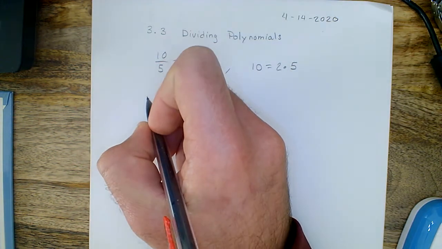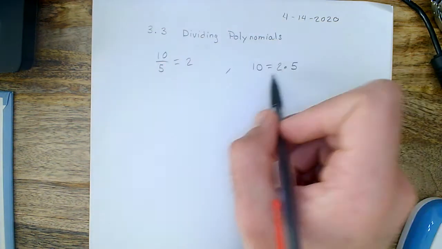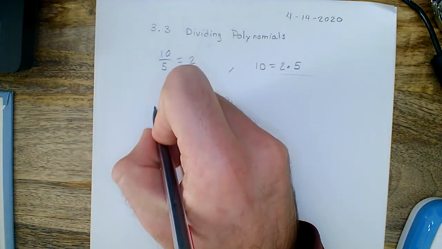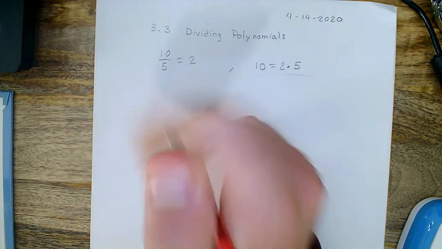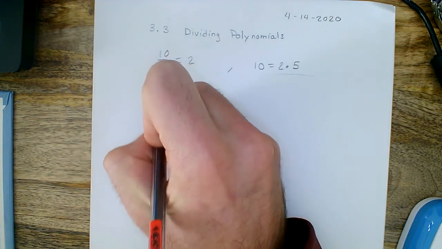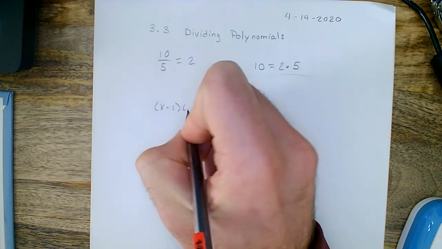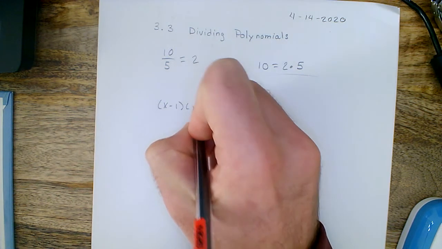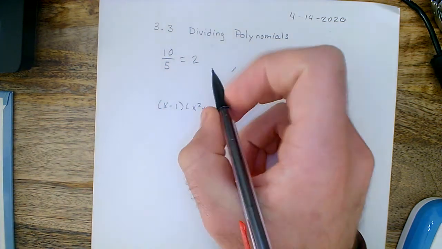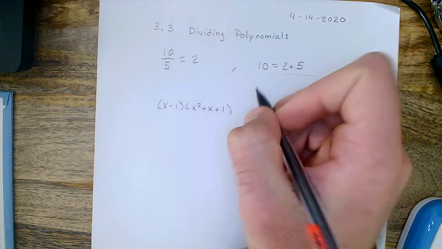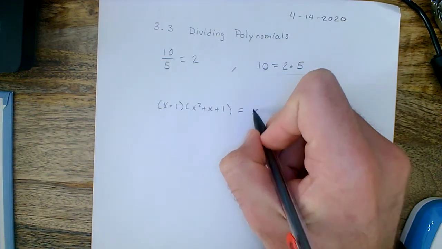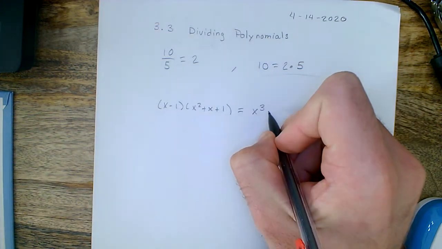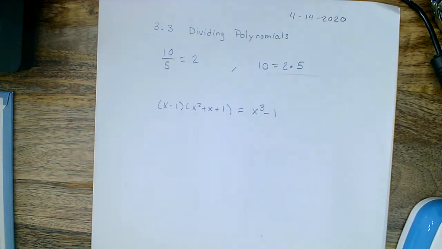Let's say starting from this, we would have something like x minus 1 times x squared plus x plus 1. If we multiply that all out and simplify the terms, I'm skipping some steps here, you get x cubed minus 1.